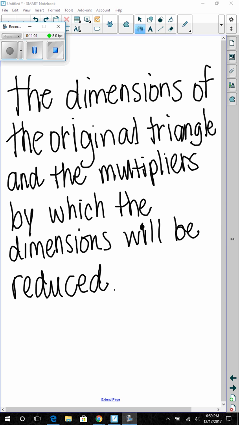This is what you are going to write in under what information do I need to use in that second box.